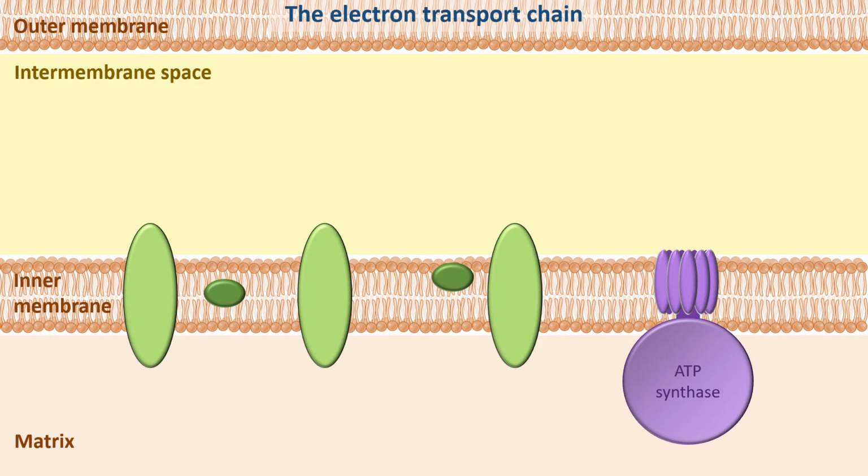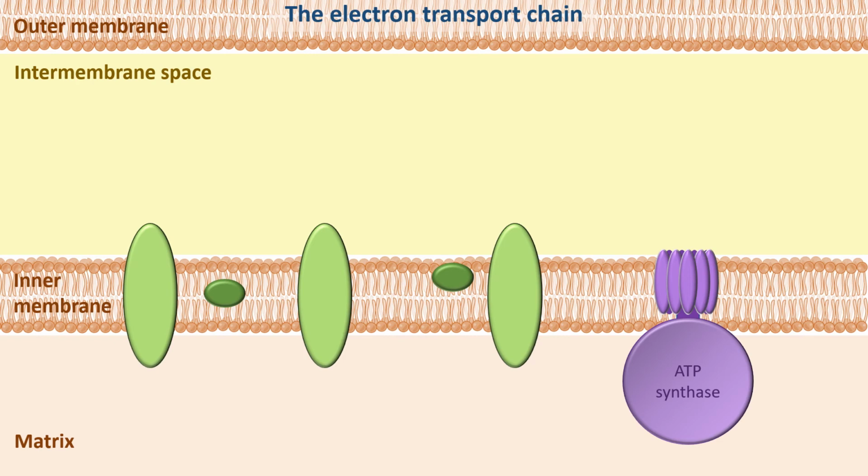So here's a diagram. If you look at the bottom, you'll see I've got the word matrix. That's the matrix of the mitochondrion. Above the phospholipid bilayer, I've got the intermembrane space.